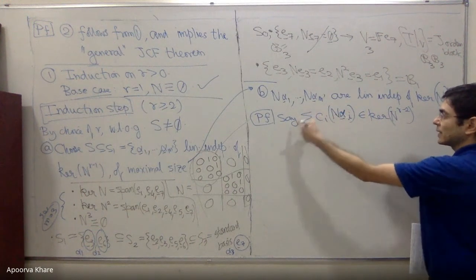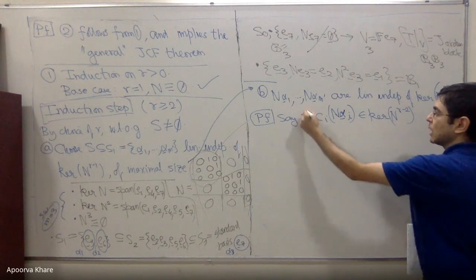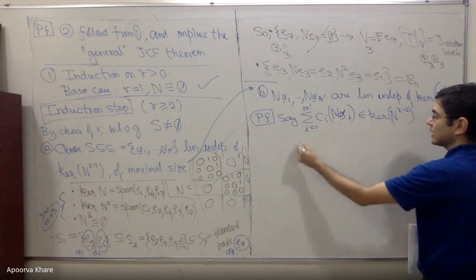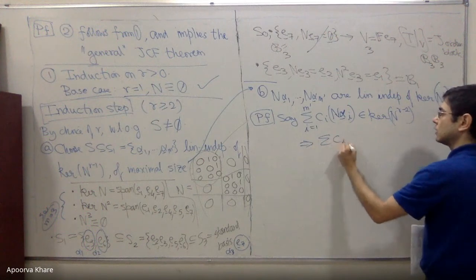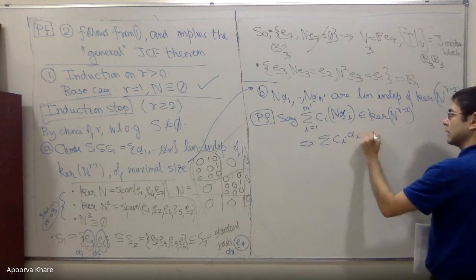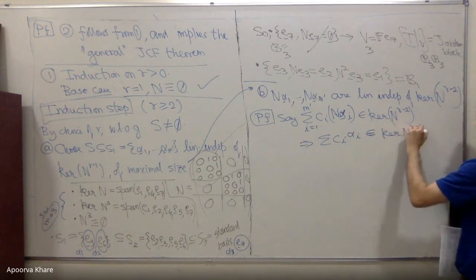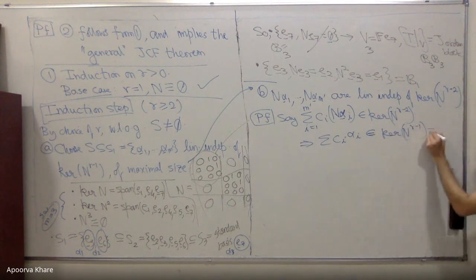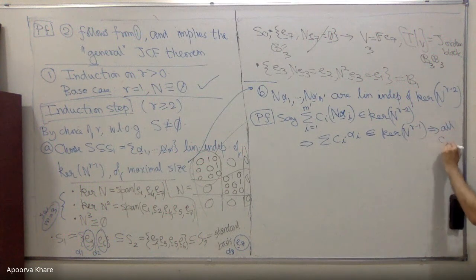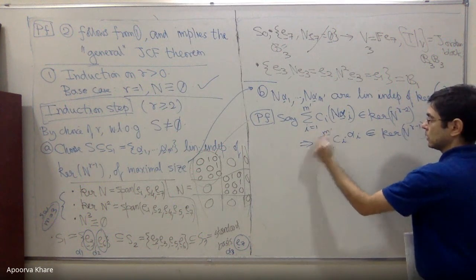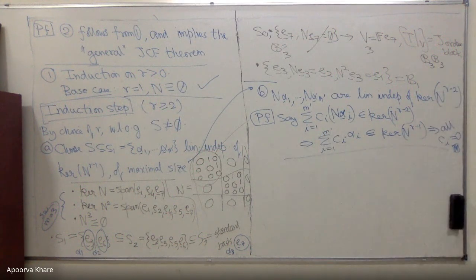But that means if I take the n out, then applying n to the r minus 1 to the summation Ci alpha i gives you 0. But that means that all Ci are 0, by choice, by definition. Okay, so that is part B.